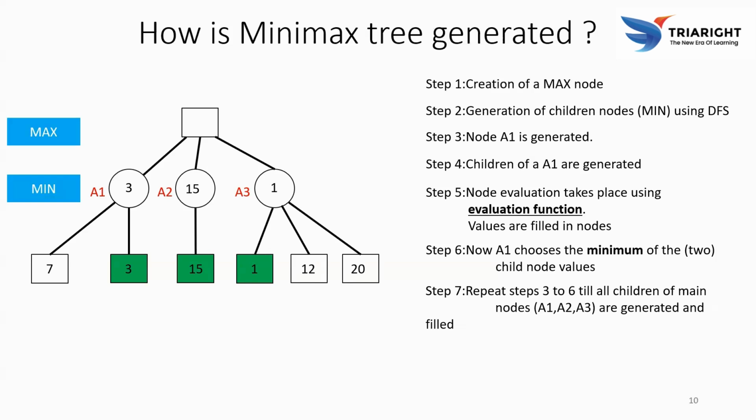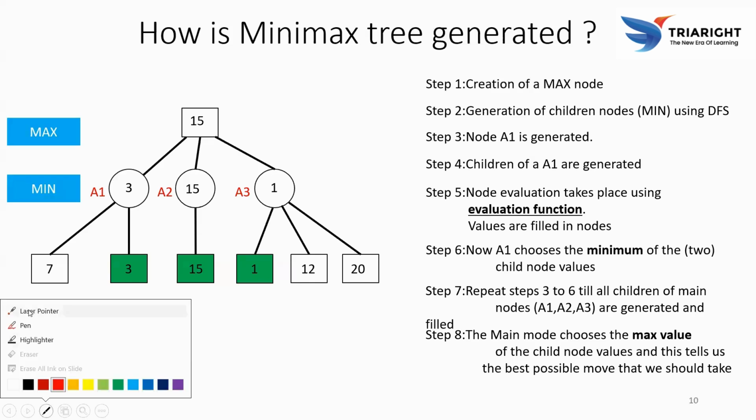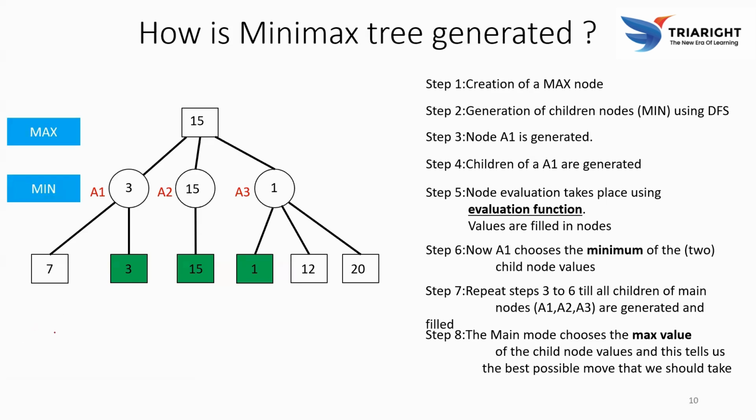Right. So overall, my final step is that the max node chooses the max value of its children nodes, and this tells us the best possible move. So here we can say this is a max value, and this is a min value.